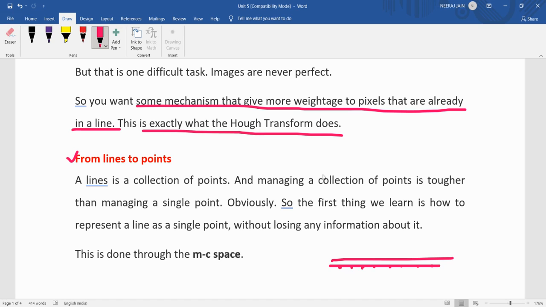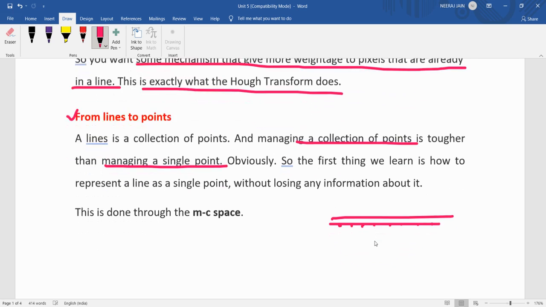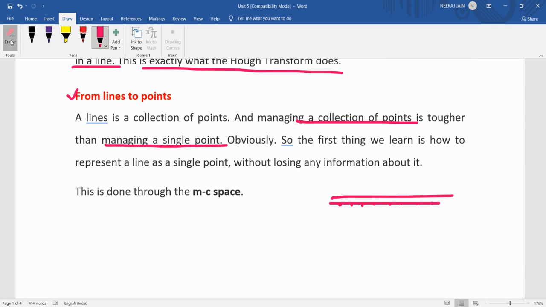And managing a collection of points is tougher than managing a single point. If we are given so many points that we want to manage, that is not an easy task compared to a single point. So the first thing we learn is how to represent a line as a single point.